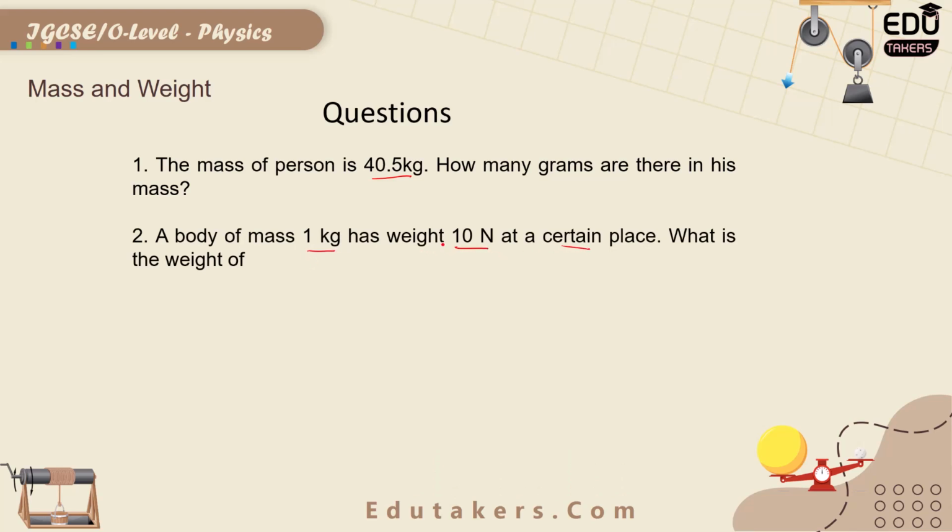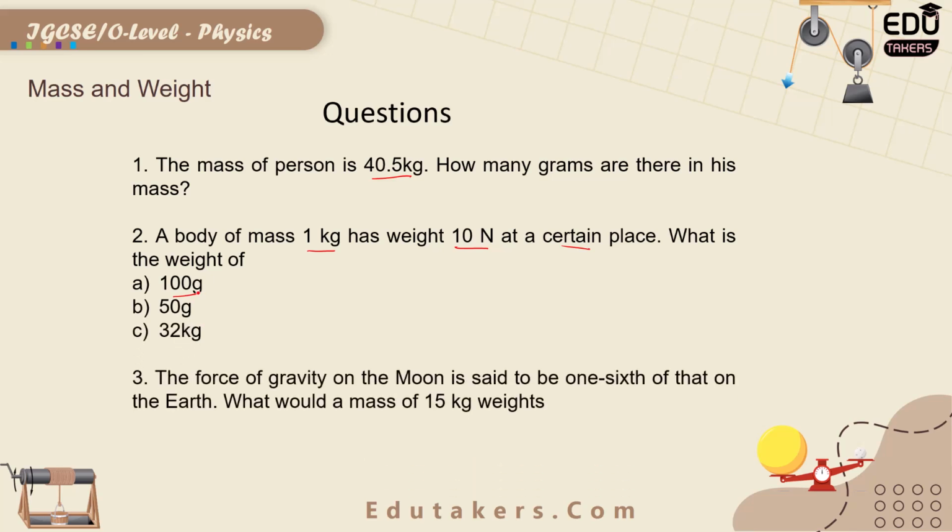What is the weight of 100 gram, the weight of 50 gram and the weight of 32 kilogram? Question number 3. The force of gravity on the Moon is said to be 1/6 of that on the Earth. What would a mass of 15 kilogram weigh?